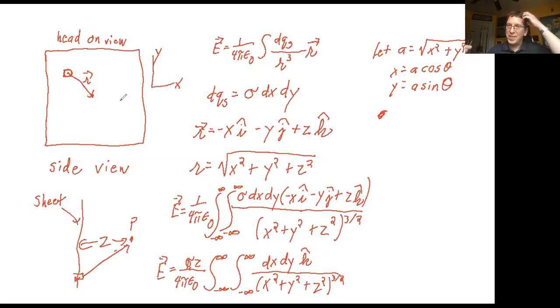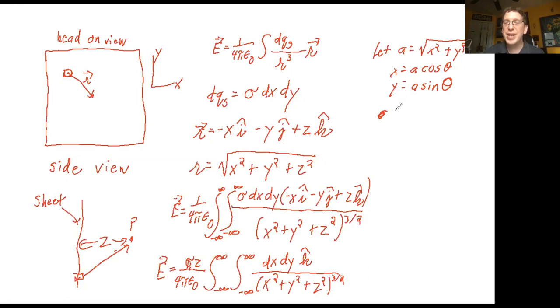Once you get far enough distance away, the edges aren't going to contribute anything meaningful. So the answer is the same whether it's a rectangular sheet or a circular sheet. If it's infinite, you'll get the same answer.